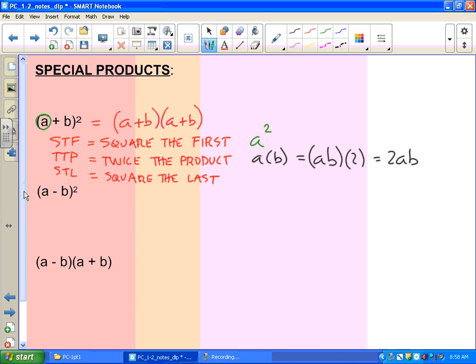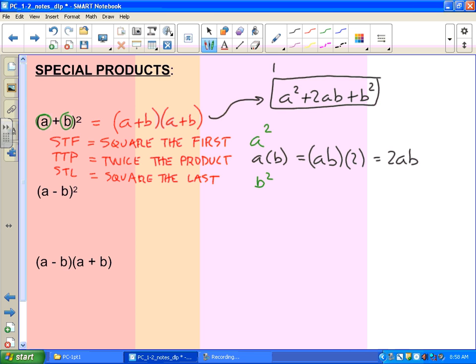And then squaring the last takes the last term, giving me b times b, or b squared. So this ultimately becomes a squared plus 2ab plus b squared.